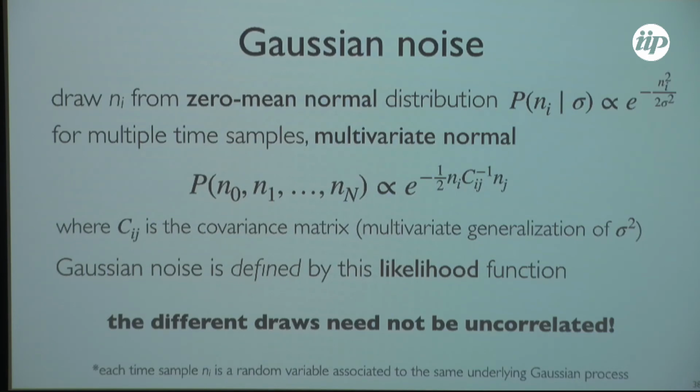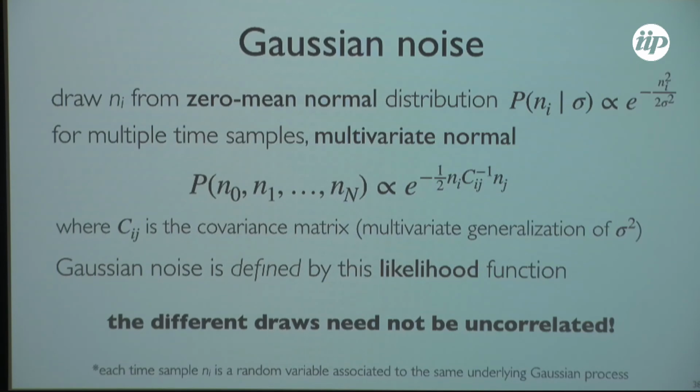Another way of writing this without indices is: you have a noise vector made up of all the samples that you measured, and you have some matrix C that is a covariance matrix. You take the inverse, and then you sandwich it with your noise vector.